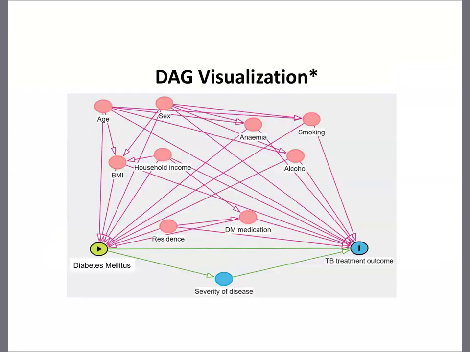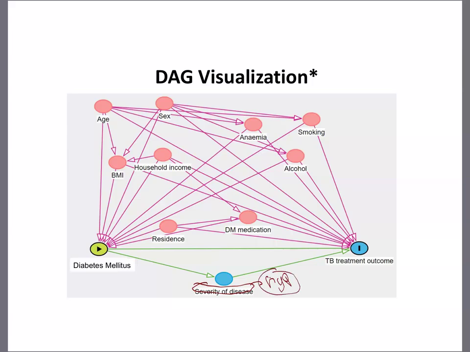So this is a DAG which we had done for one of our studies, where we were interested in the association between diabetes mellitus and a TB treatment outcome. Now, instead of severity of disease, I would have taken, say, the control of hyperglycemia, or the glycemic status, or the effect of the drugs, or something like that.